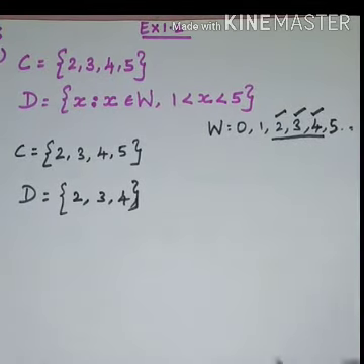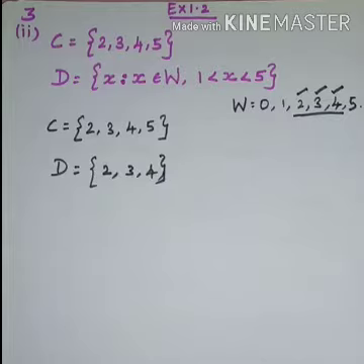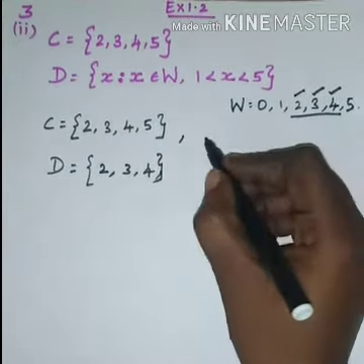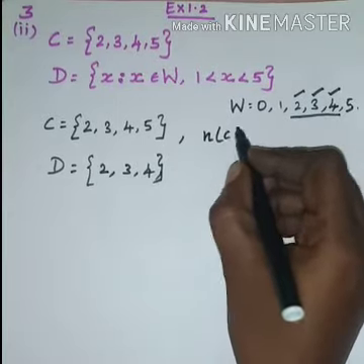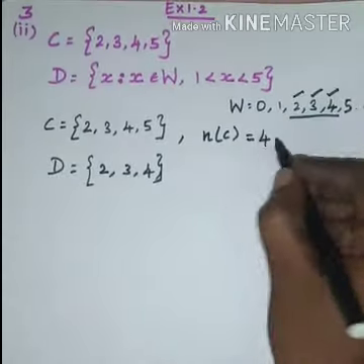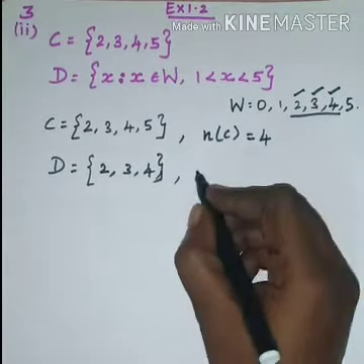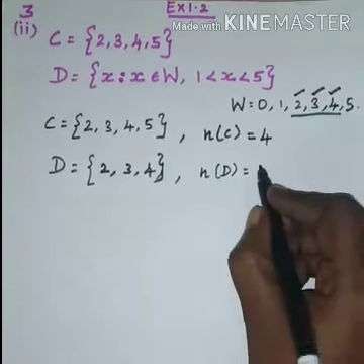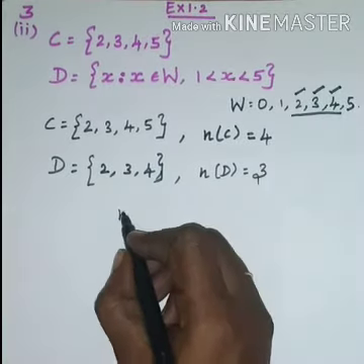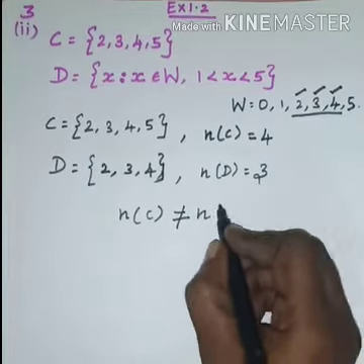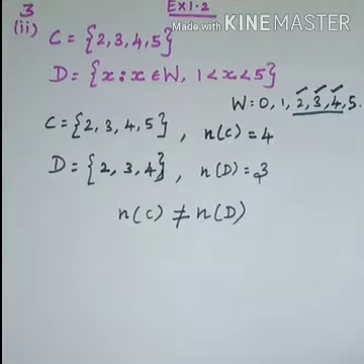Check whether they are equivalent sets. The number of elements in C, n of C, is equal to 1, 2, 3, 4: 4 elements. And the number of elements in D is 1, 2, 3: 3 elements. Here, the number of elements in C and the number of elements in D are not equal.